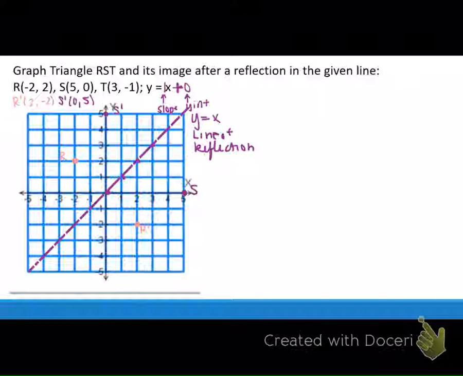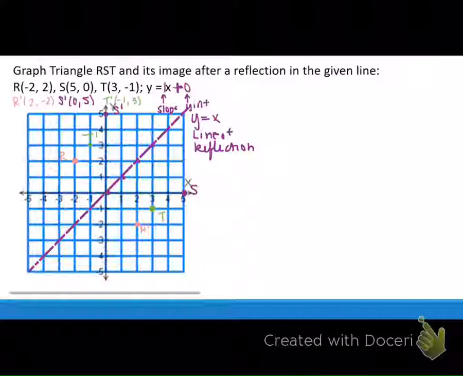Okay, so what do you guys think the ordered pair of that last one's going to be then before we even plot it? Brandon. -1, 3. So I have 3, -1 for T and -1, 3 for T prime. Now I got to connect these correctly because I used different colors, so this is going to be really confusing.